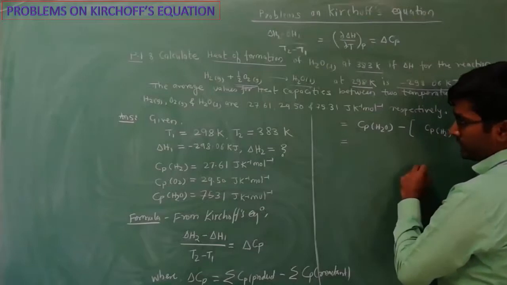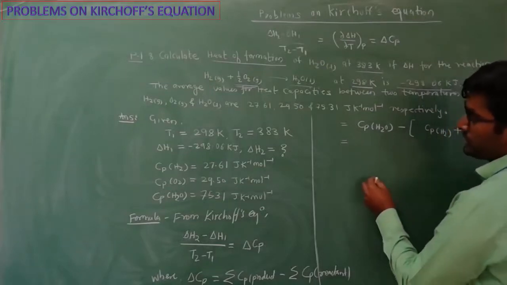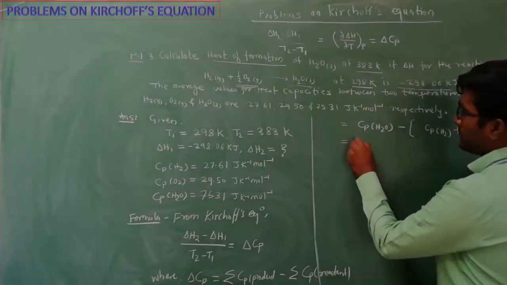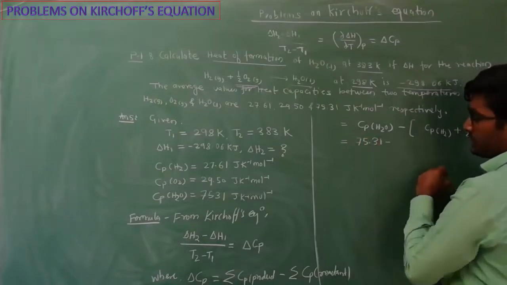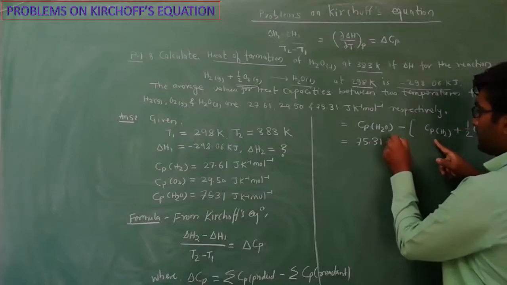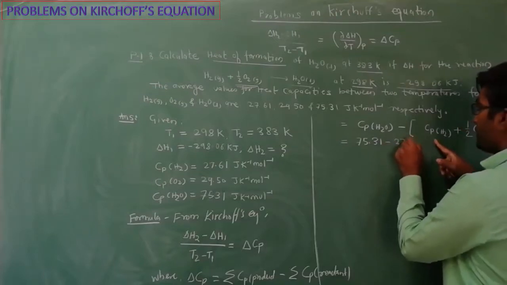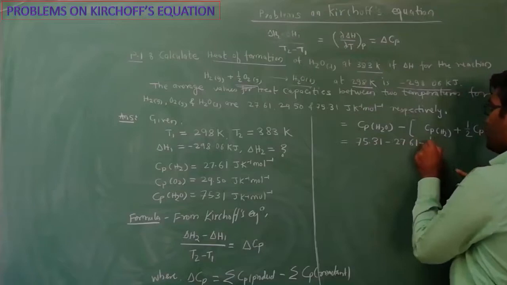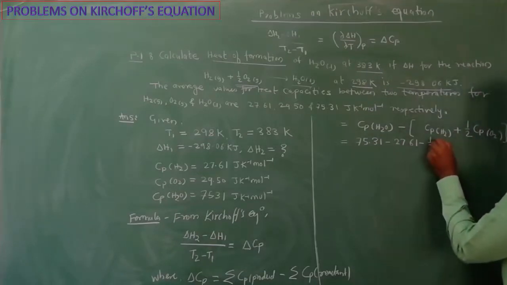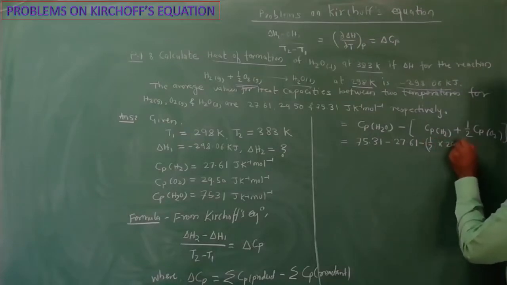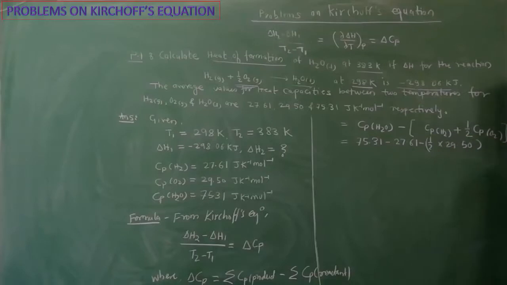What is the value of Cp for water? It is 75.31 minus Cp for hydrogen, 27.61, minus 1 half times the value for oxygen, 29.50, in joule per Kelvin per mole.